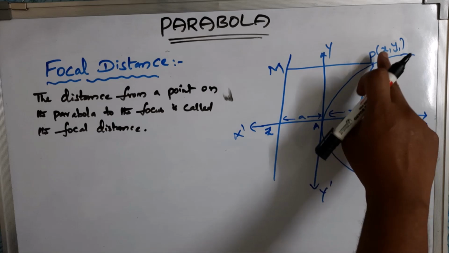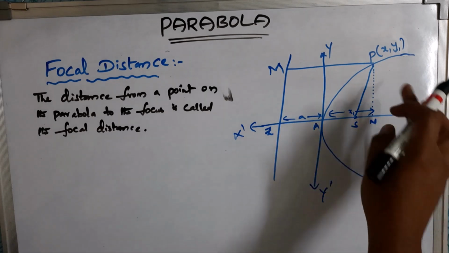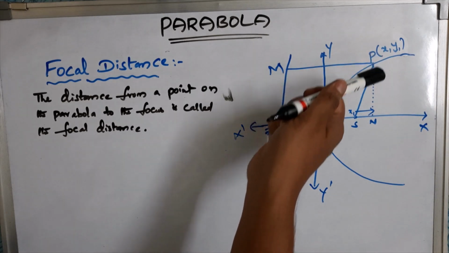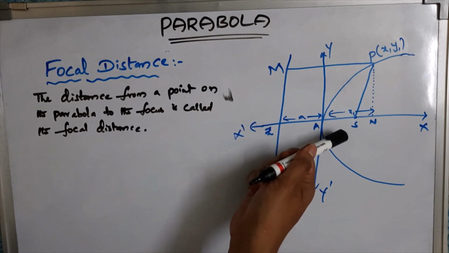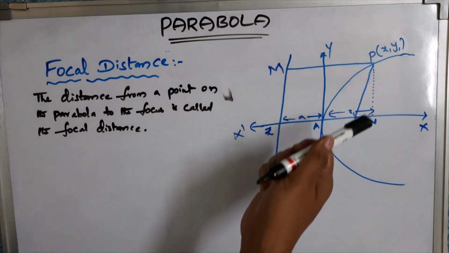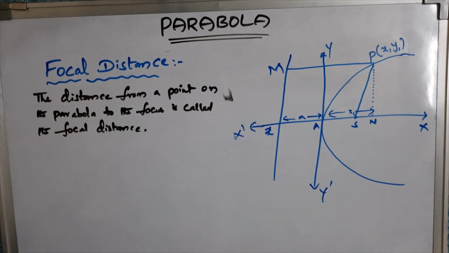Suppose P(x1, y1) is a point on the parabola. So the distance from point P to the focus, that is S, is called the focal distance.